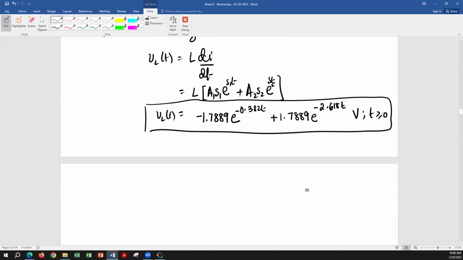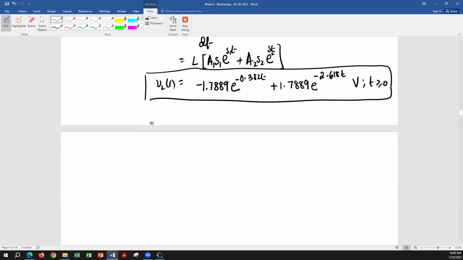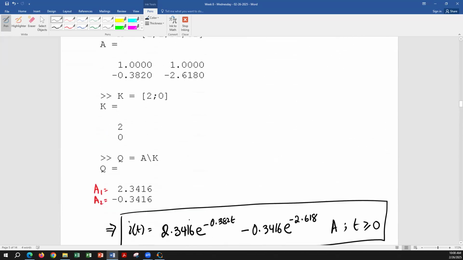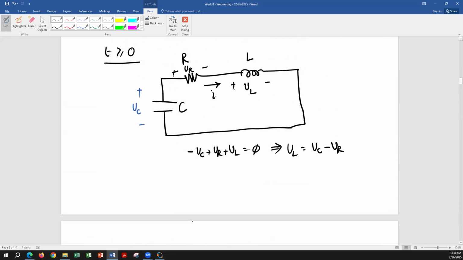All right, any question about that? Now, let's extend it a little bit. If you want to calculate the capacitor voltage as well, who's going to tell me how I'm going to calculate the capacitor voltage easily?